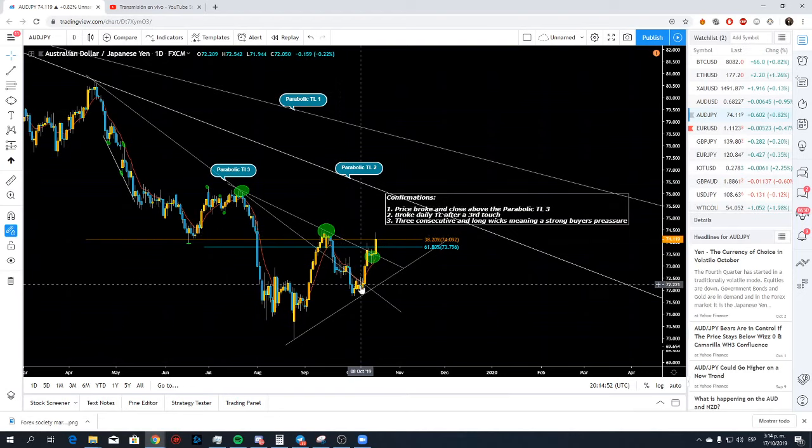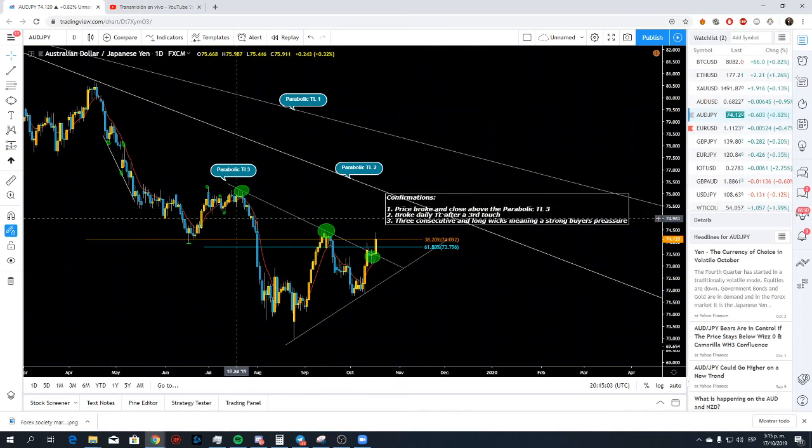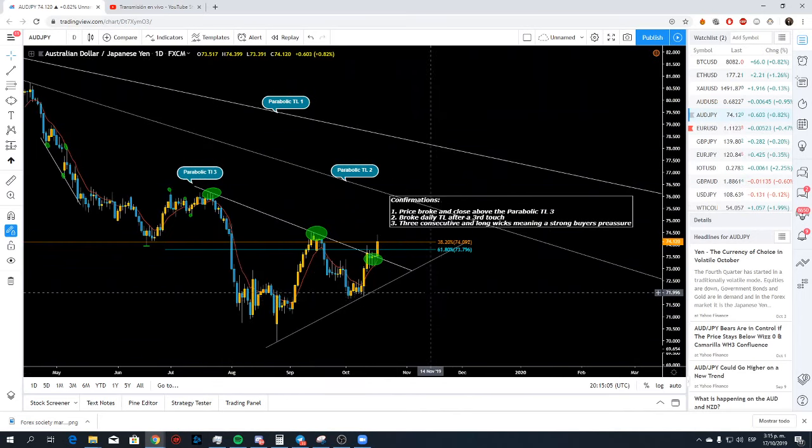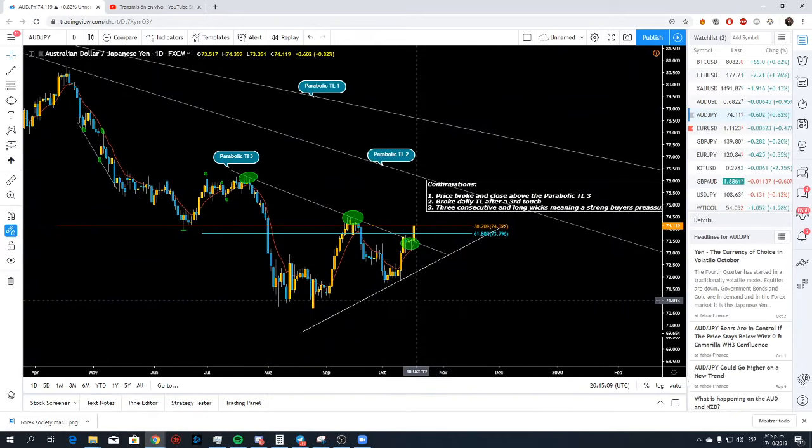Parabolic level. We got Fibonacci. Right now we can delete this trend line because it already broke it and it gave us that confirmation. So we're gonna keep our chart clear. Let's zoom in a little bit, and right now we can see a price closed above that trend line.